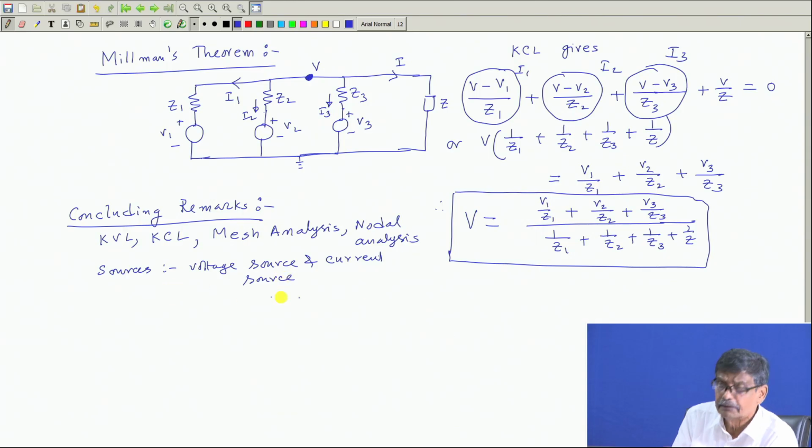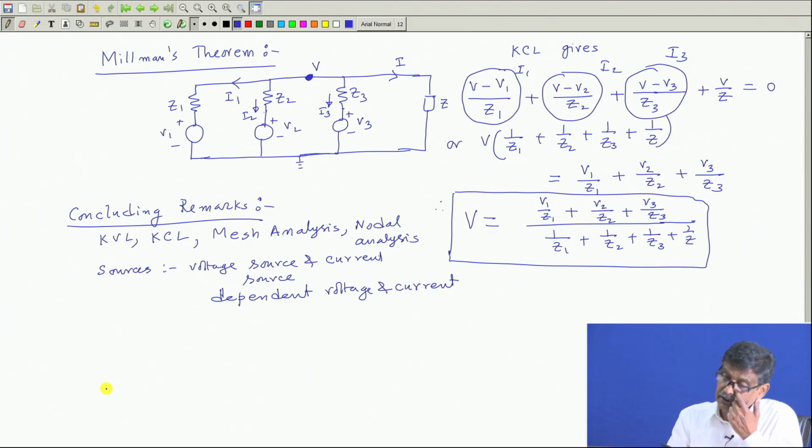In the latter half of this course, we also talked about dependent sources; these are called independent sources, and dependent voltage and current sources may also be present. This we discussed somewhat at the latter end of this course. Then we know how to write down KVL, KCL in time domain.